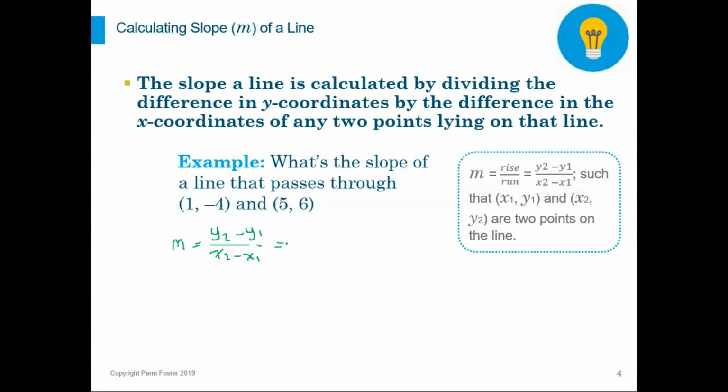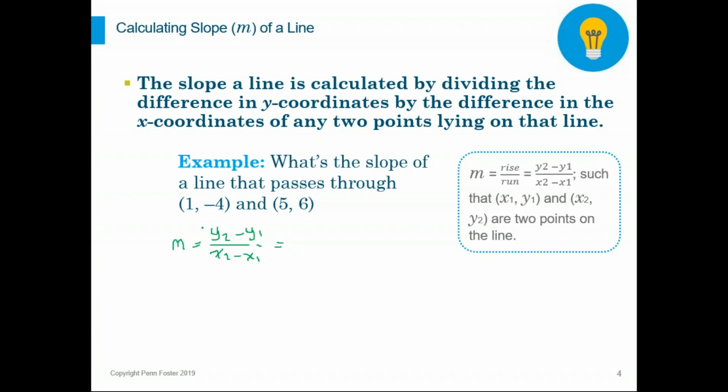Equals. Now, I need to determine what's y2, what's y1, what's x2, and what's x1. Basically, x2 and y2 come from the second point, and y1 and x1 come from the first point. The easiest way to use the formula is to label your coordinates.